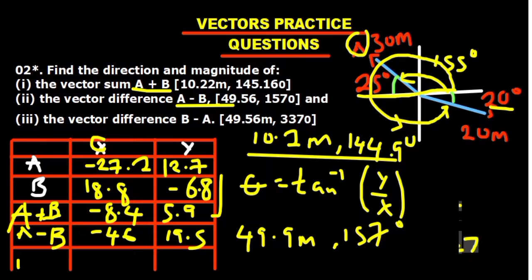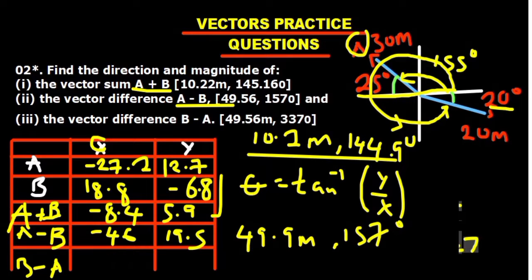B minus A. So some of you may be saying, how is it different from A minus B? Okay, so this time around you subtract A from B. So for the x component, for example, instead of saying negative 27.2 minus 18.8, this time around we start with 18.8 minus negative 27.2.